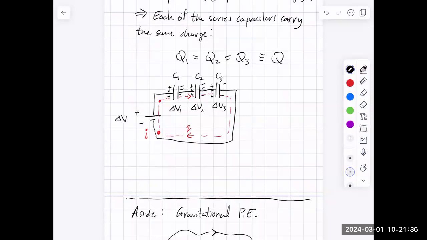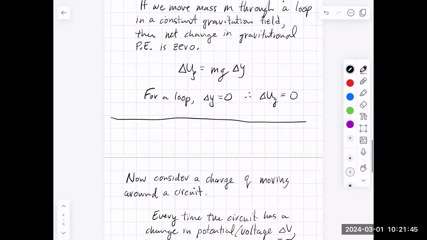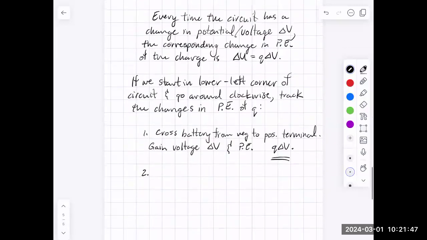And so that means our charge loses potential energy by crossing the electric field created by the capacitor C1 in this case. Okay, so we cross C1 from the positive to the negative plate, and we lose voltage.